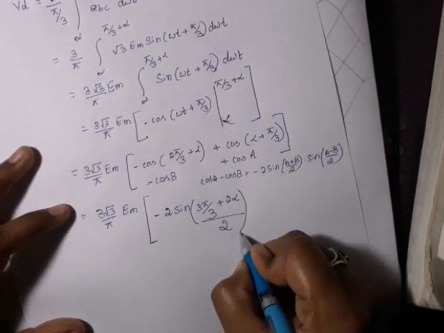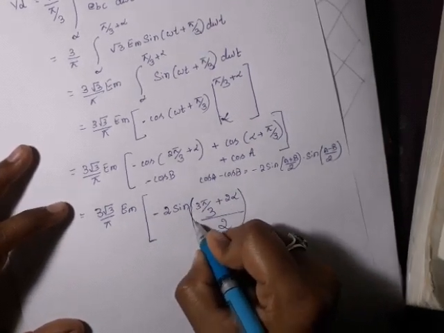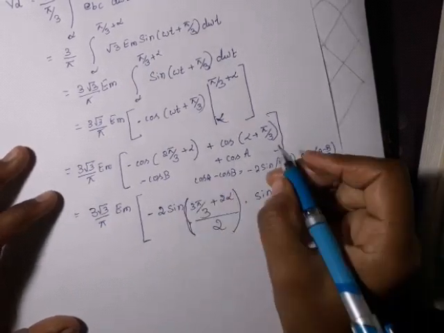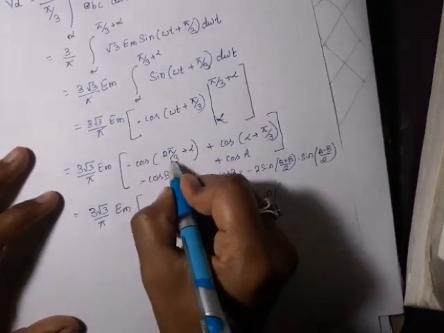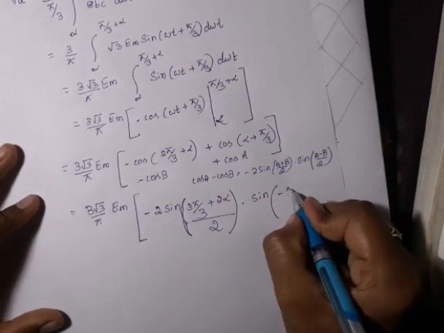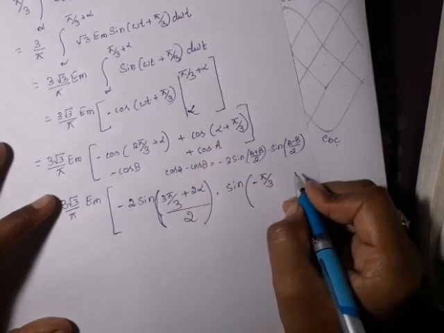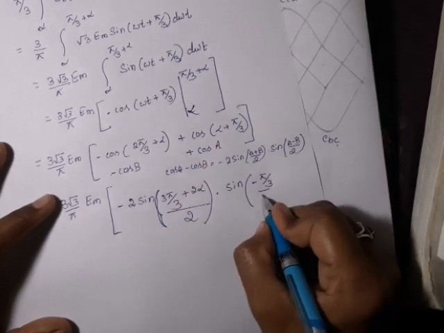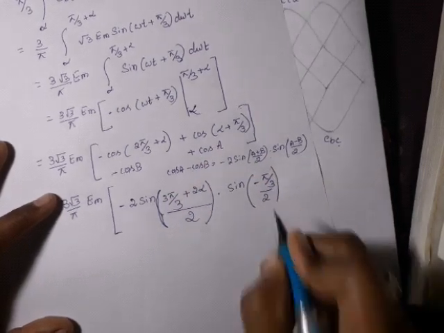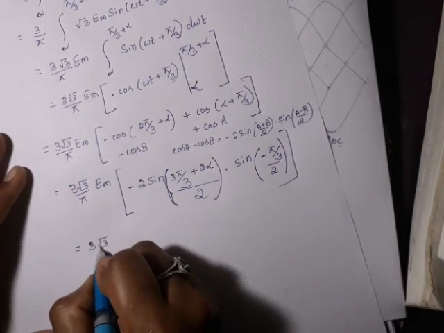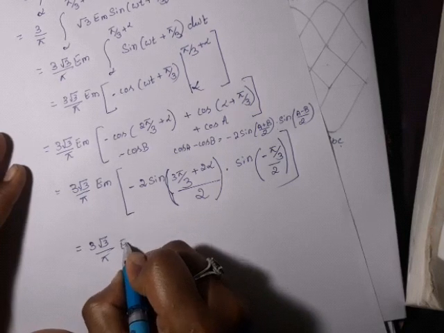A plus B by 2 into sine A minus B, pi by 3 minus 2 pi by 3, alpha minus alpha 0, divided by 2. 3 root 3 by pi EM.